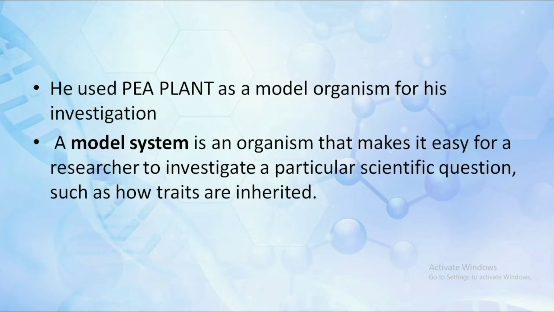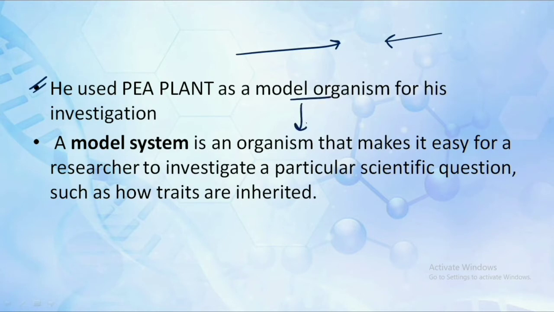He used pea plant as a model organism for his investigation. That is, for the complete investigation of the laws of inheritance, he used pea plant as the model organism. Now what is a model organism first?